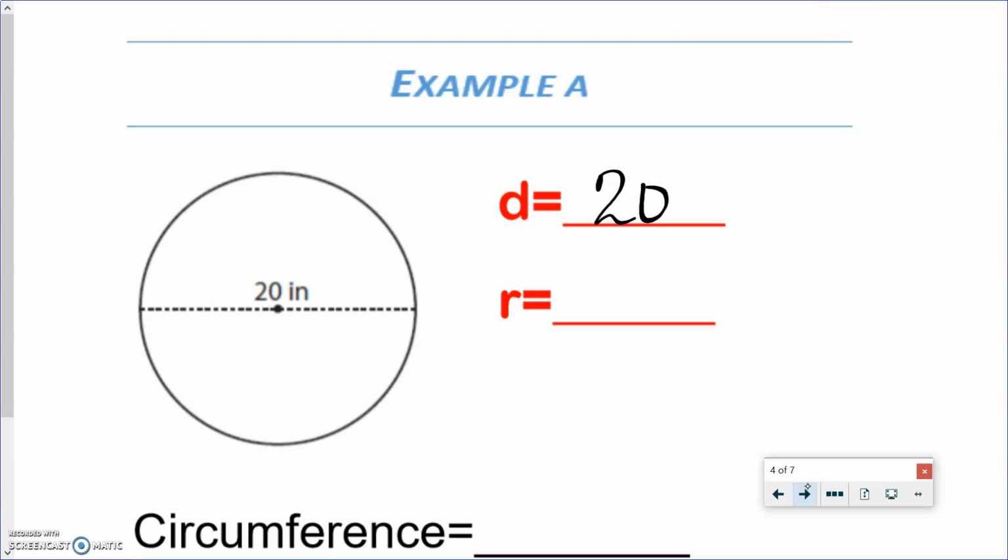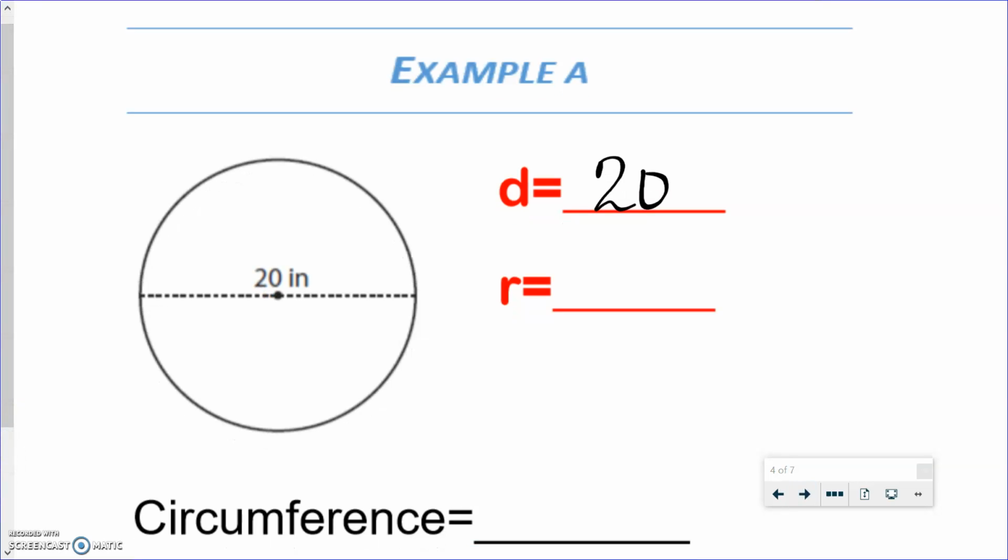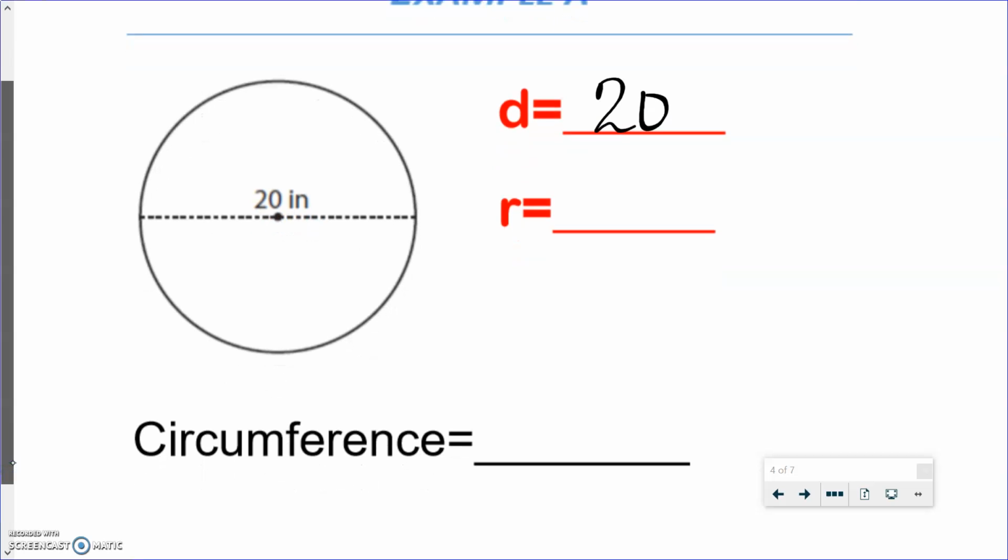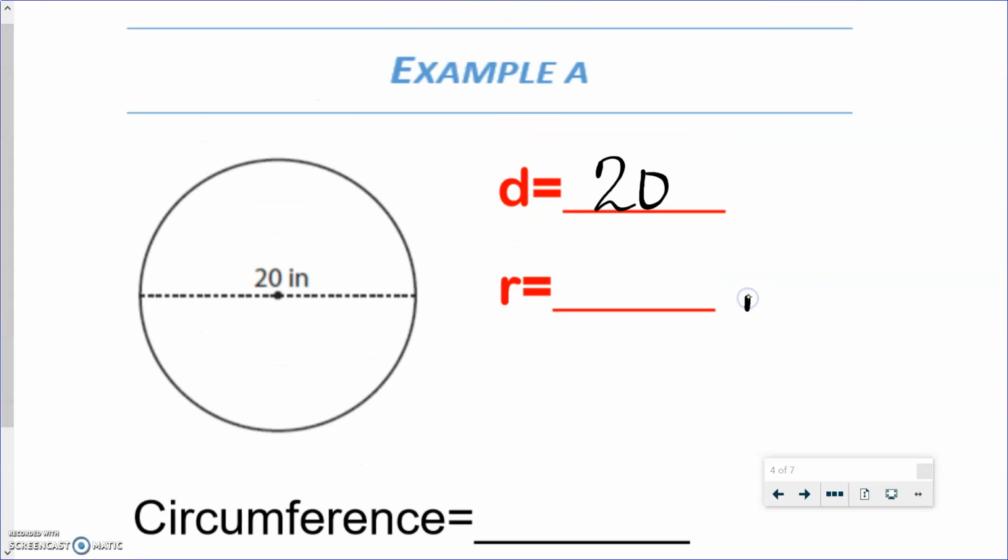Okay. So in order to find circumference, I know I need to use the formula circumference is equal to pi times diameter. Now, since my diameter is 20, I know that my radius is 10.